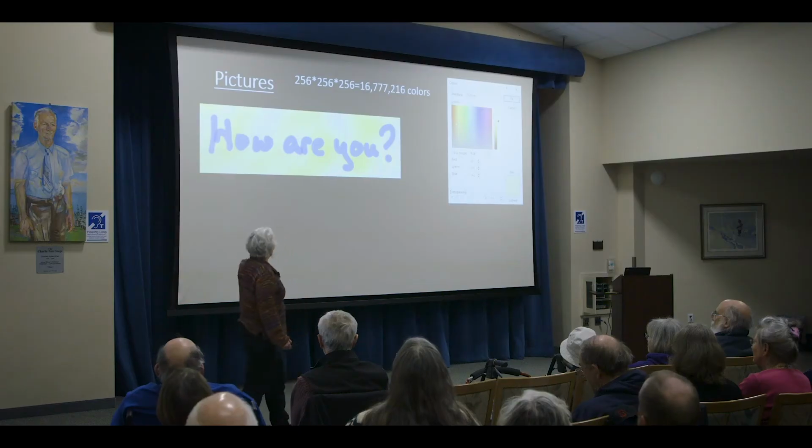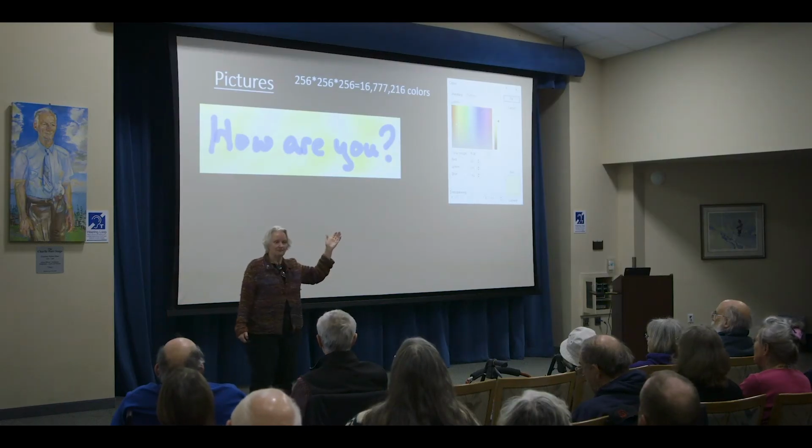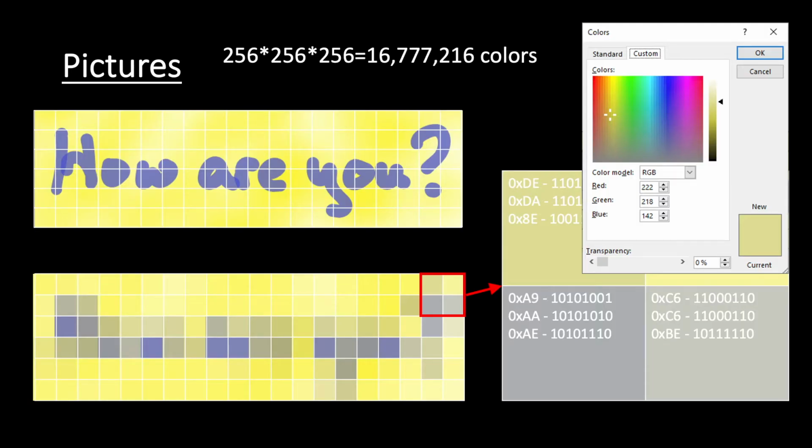So I take this picture and I have to cut it up into blocks. In other words, I pixelate it. And each block has a constant color. Now, the pixels on this image are really pretty big. Regular pictures have much tinier pixels, but these are pretty big just as an example.